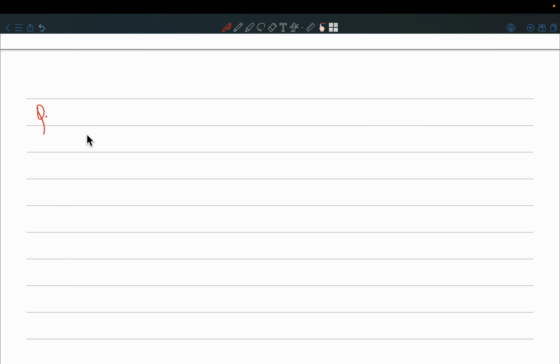So let us consider oxygen flowing in a constant area duct. And the duct is horizontal and it is insulated, so assume there are no losses.